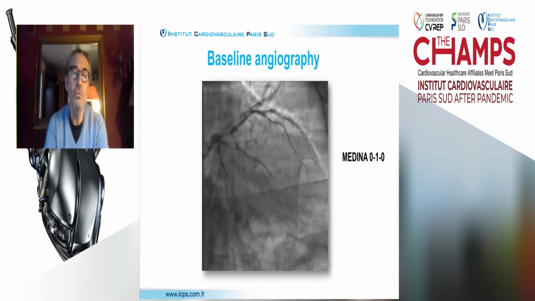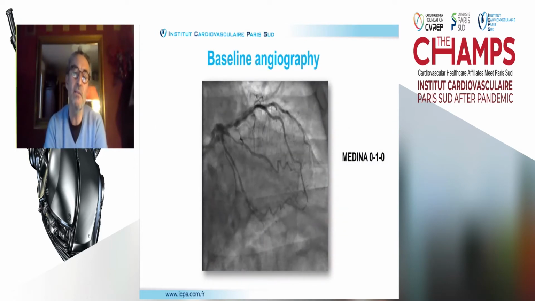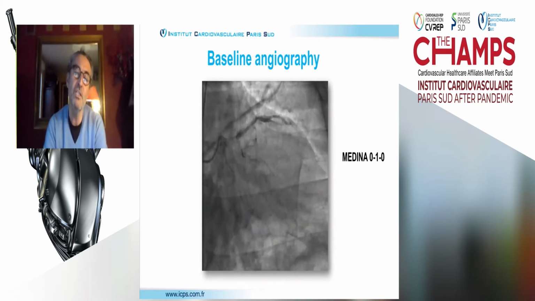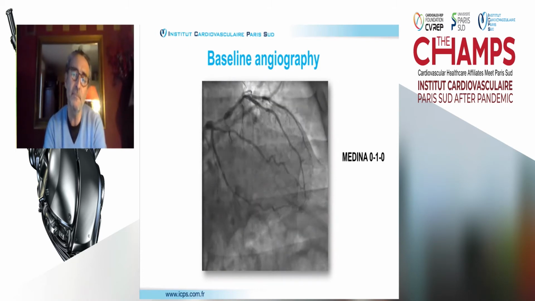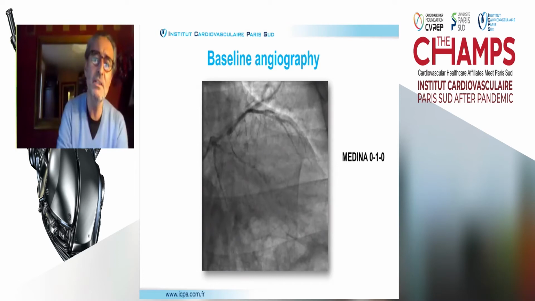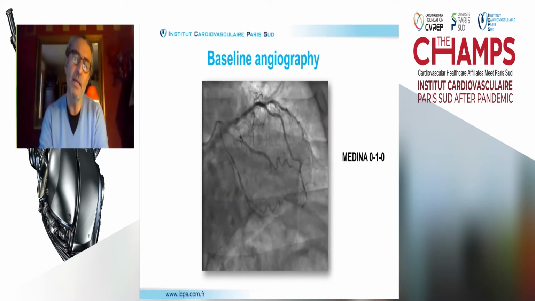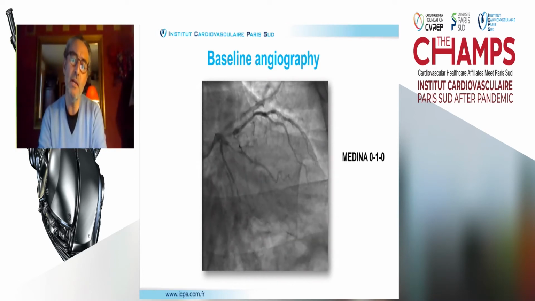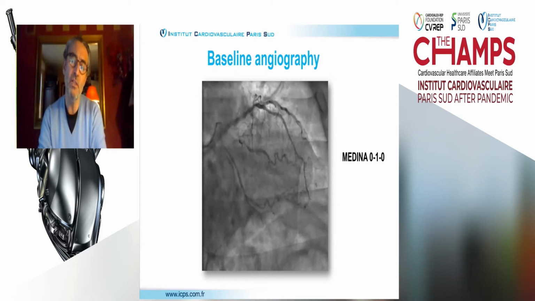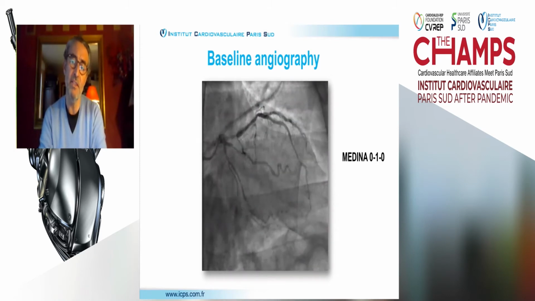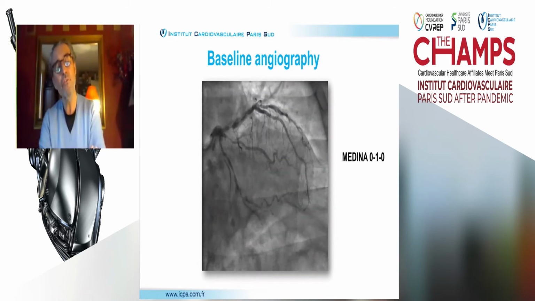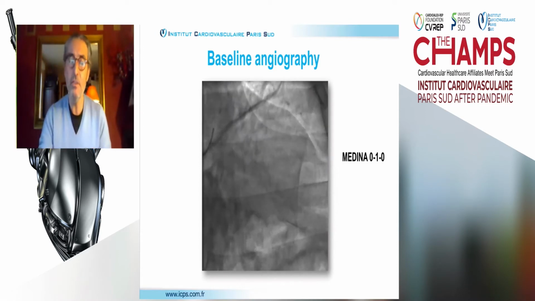Here on the angio, we can clearly see that we have an ostial lesion of the LAD without any disease of the left main. Regarding the angio, we also have a stenosis of 60 or 70% of the first marginal branch.